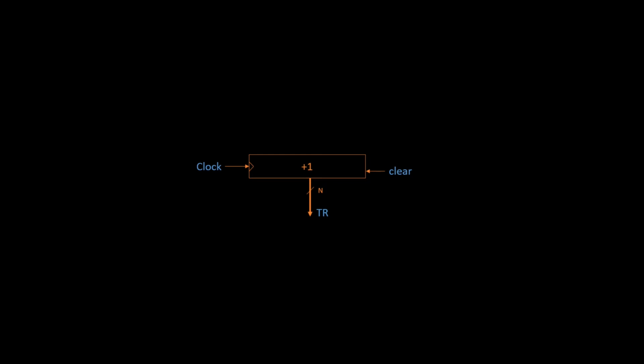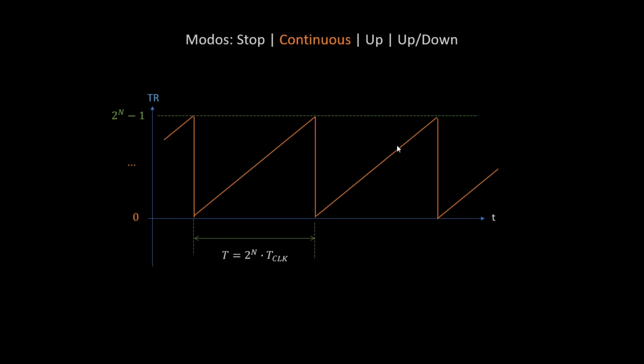Since the timer uses a counter like this, this timer can have different modes of operation. I'm not going to do a complete reading of all the modes of operation. I'm just going to explain two modes of operation which are very important for us.